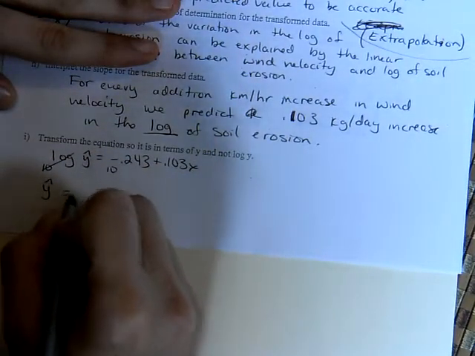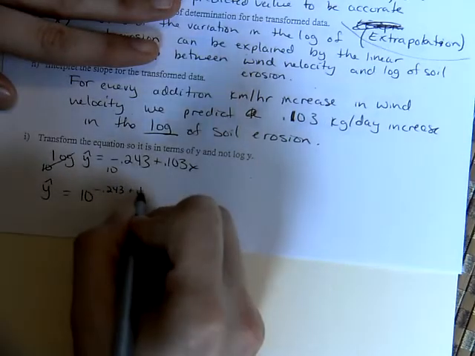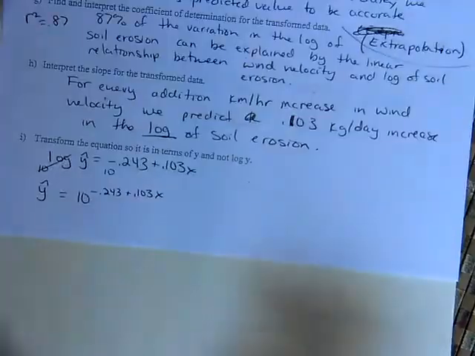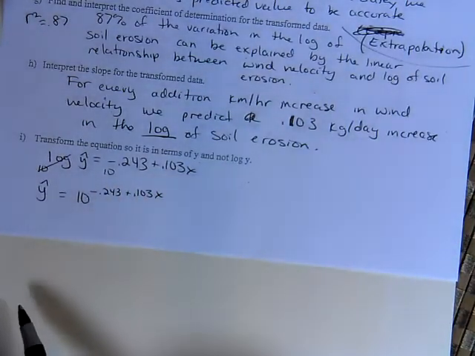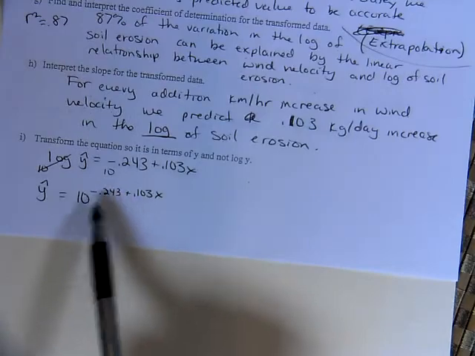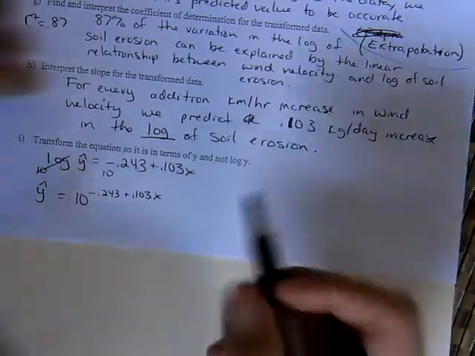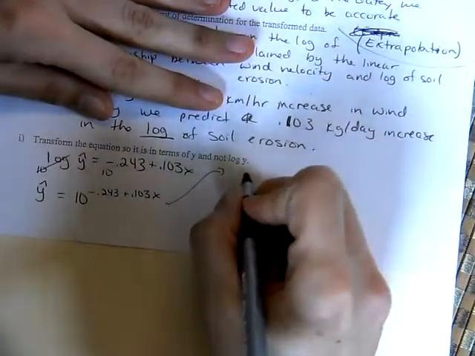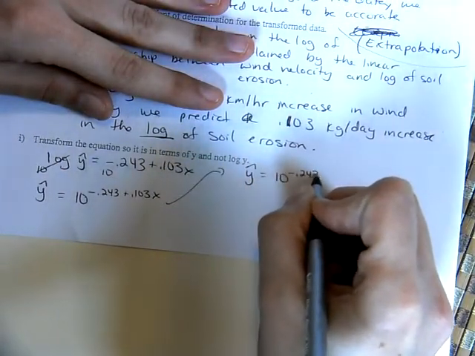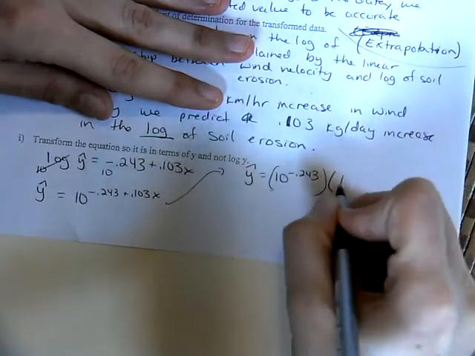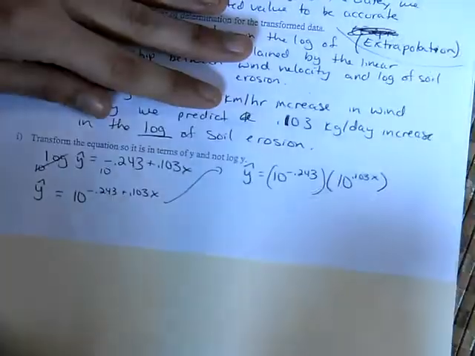So I get y hat is 10 to the negative 0.243 plus 0.103x power. Now, this is what you did yesterday. I can continue to do my log rules and simplify this. When I have a plus, that's really multiplying. So now it's y hat equals 10 to the negative 0.243 power times 10 to the 0.103x power.